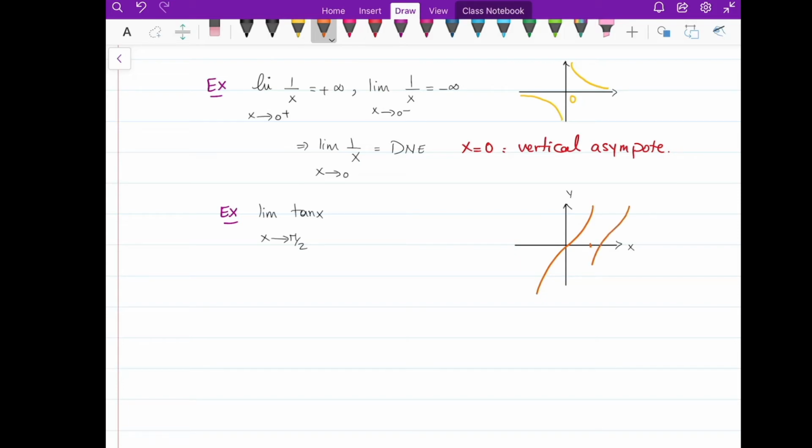Actually, the graph of tan is periodic, but we just consider one part of it. So I'm going to remove these ones. And at x equals pi over 2, which would be right here. Let me actually graph this one as well because I need it. Like this.